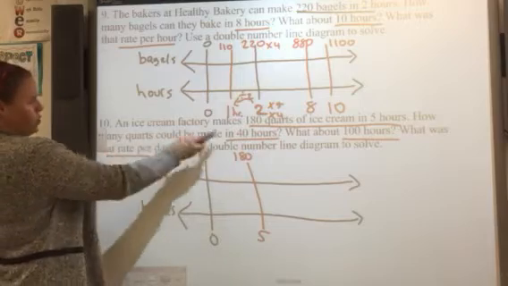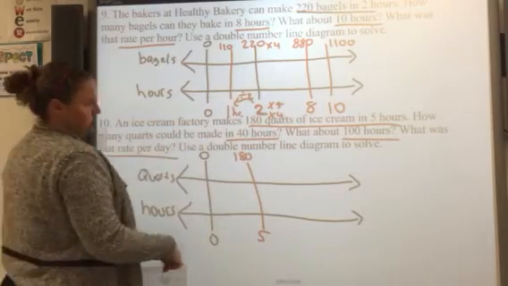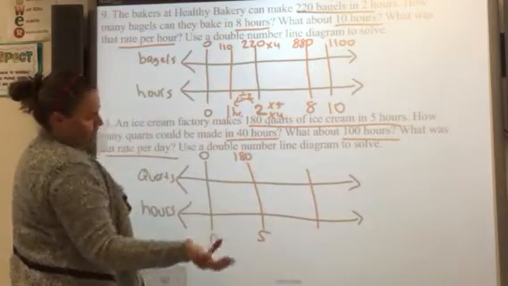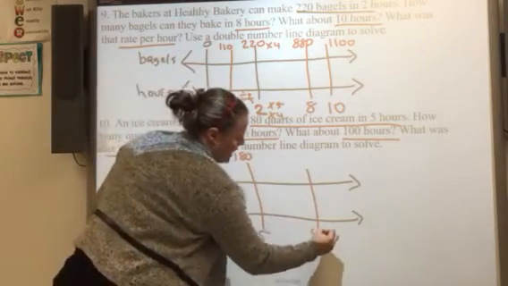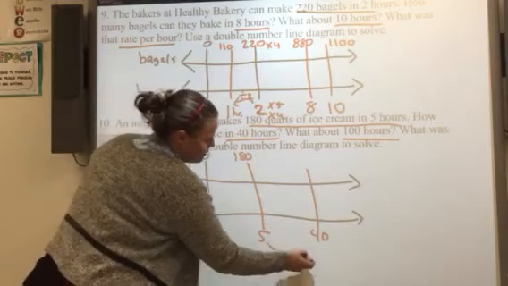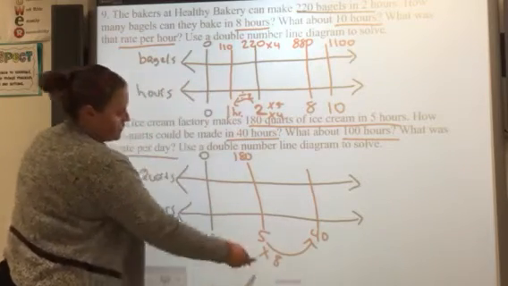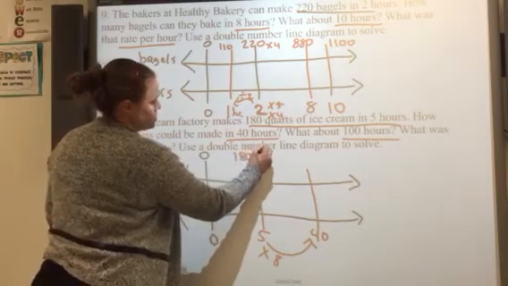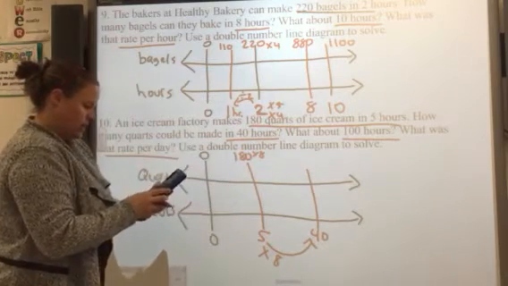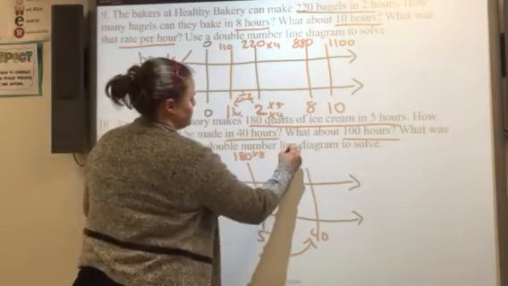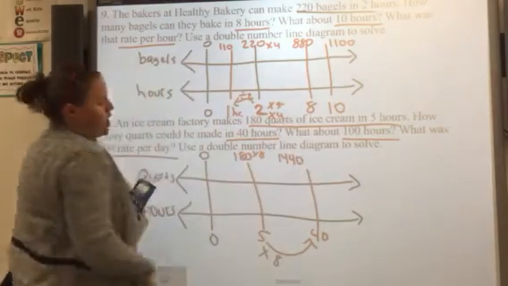And I want to know how many quarts for 40 hours. So I'm going to go down here a little ways. And I know that's not enough space, but I don't really have any more. So 40 hours is here. Well, how did I get from 5 to 40? I said times 8. So I do the same thing up here with my quarts. So 180 times 8 is 1,440 quarts. And I want to know about 100 hours.